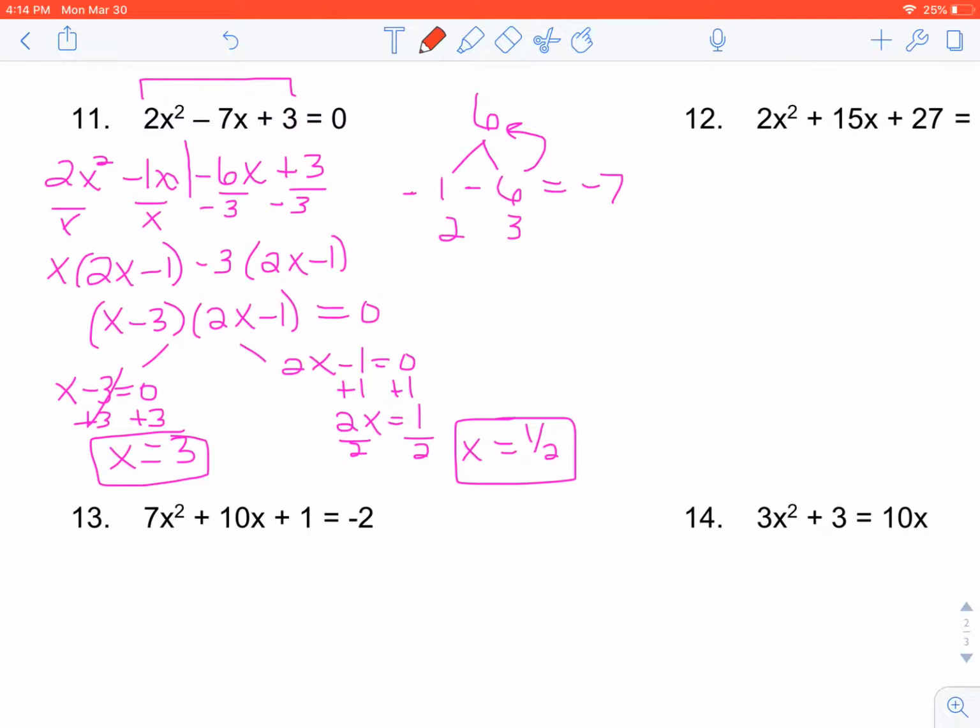Just a little reminder about solving, it's supposed to equal 0. So 13 doesn't equal 0. To make it equal 0, we have to take that 2 to the other side. Make sure you're taking the 2 to the other side and combining it with its matching piece. Same thing for number 14, that 10x needs to be taken to the other side.